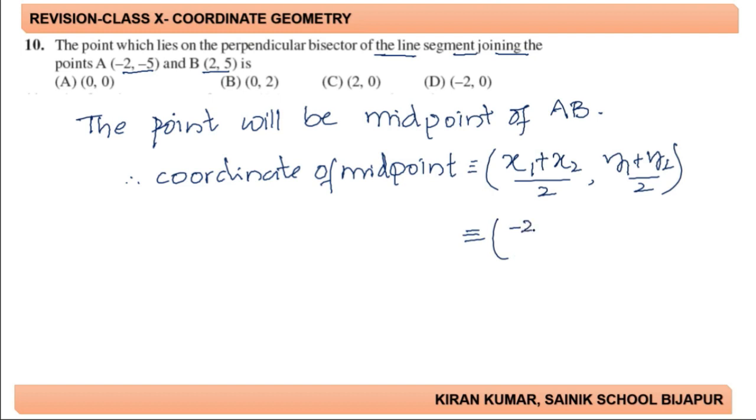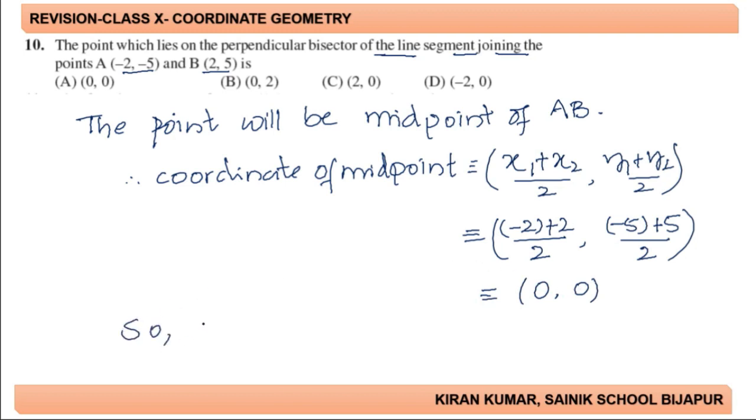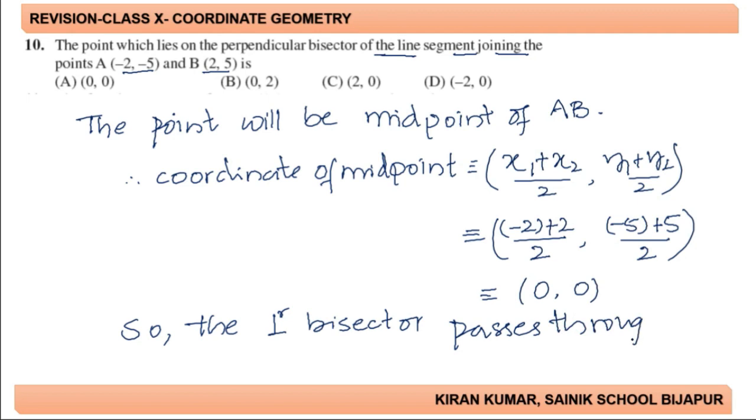It is negative 2 plus 2 divided by 2, negative 5 plus 5 divided by 2. Hence we get the midpoint as (0, 0). So the perpendicular bisector passes through (0, 0).